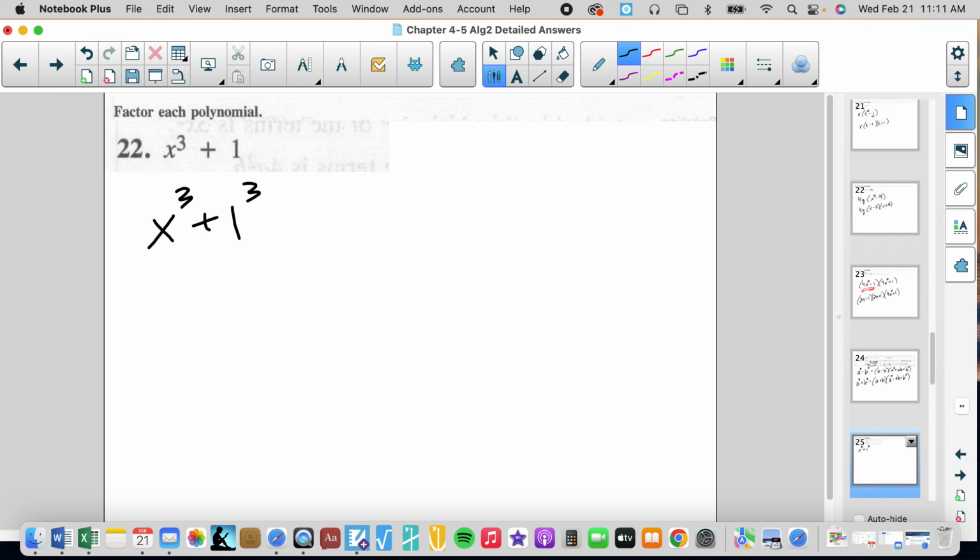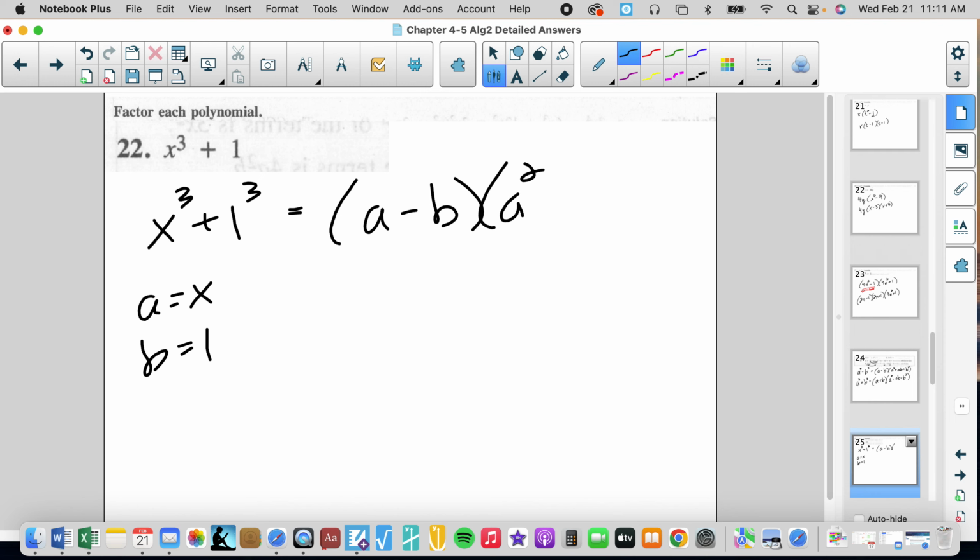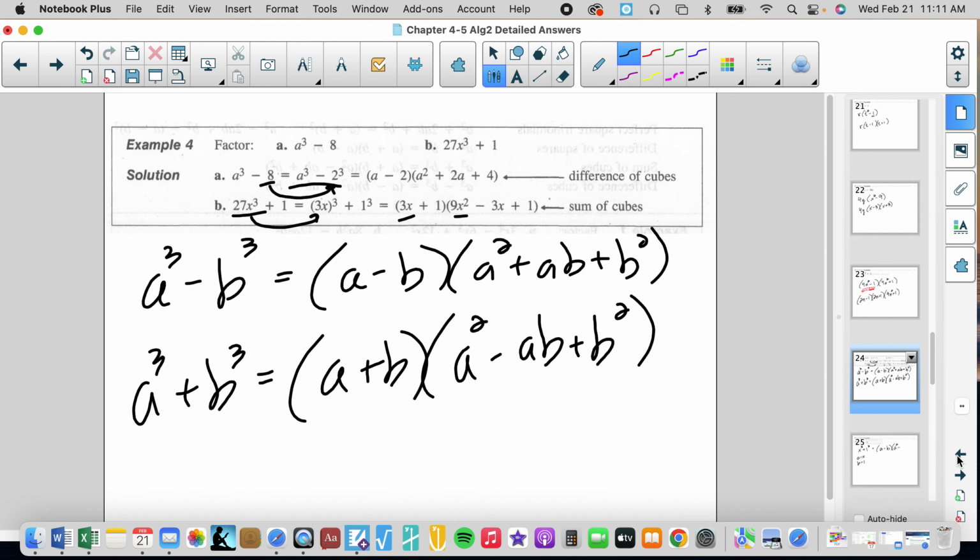This is the sum of cubes. So we know that this is my a and this is my b. So my a is going to equal x, my b is going to equal 1. So when I see that it's the sum of cubes, it's a minus b, and it's a squared, I think it's plus. Is it the opposite of it? Yes.